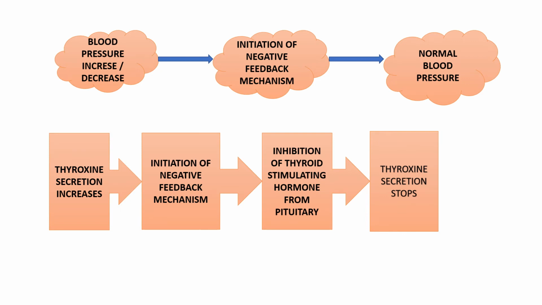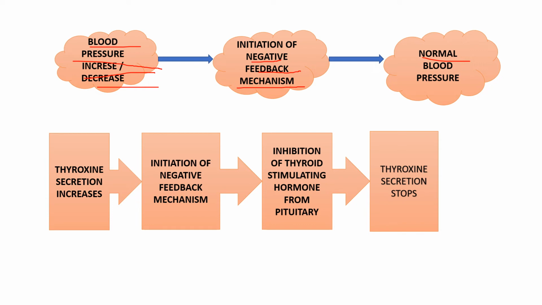Okay, I'll explain it here again. Blood pressure increase or decrease. The spelling of increase you can see is wrong. Please do correct it in your books if you're writing notes. So now we have the blood pressure increased or decreased. There will be a negative feedback to overcome this increase or decrease, whatever it is, and due to negative feedback, it will turn to normal.